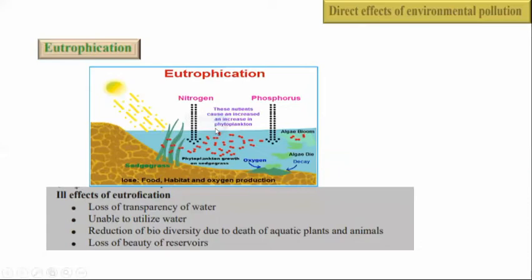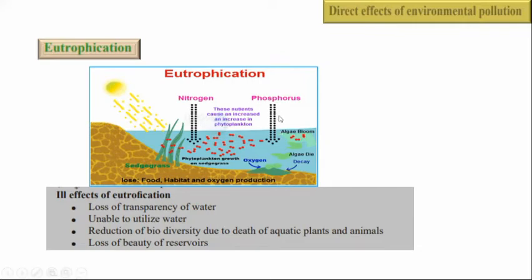So that can be increased due to what things? Due to the waste materials from the industries, then agricultural chemicals, fecal matter, detergents, all those wastes are sent to the water bodies. Then due to those things, the nitrogen and phosphate can increase in the water bodies. Right? Then what happens?